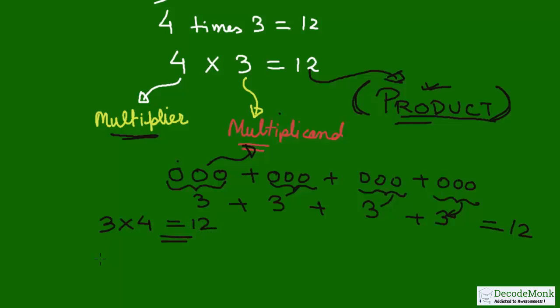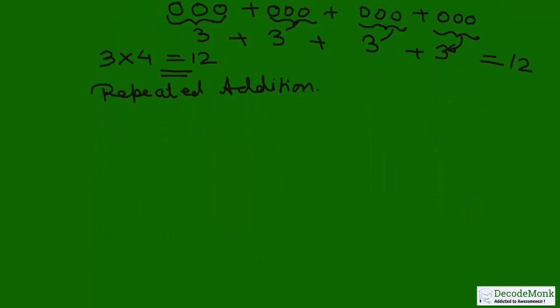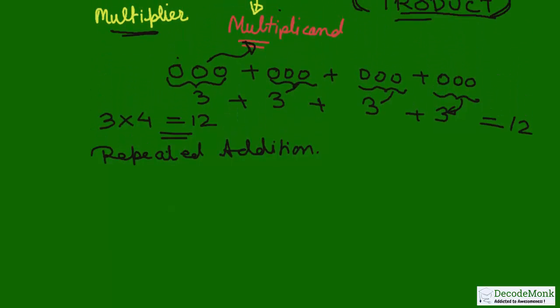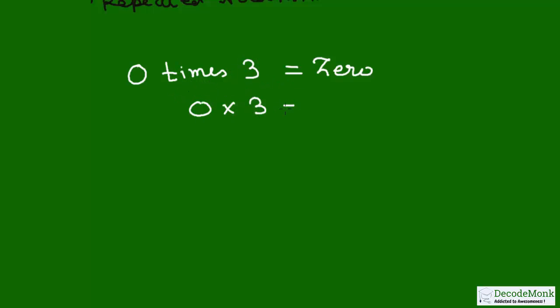We have also discussed that multiplication is called repeated addition. Now, some other interesting properties of multiplication: if I ask you 0 times 3, this will always be equal to 0, because 0 times 3 means you are taking 3 never. So 0 into 3 equal to 0, and 3 times 0 will be equal to 0 plus 0 plus 0.